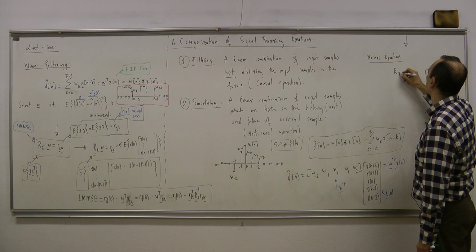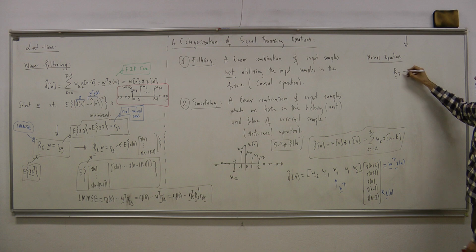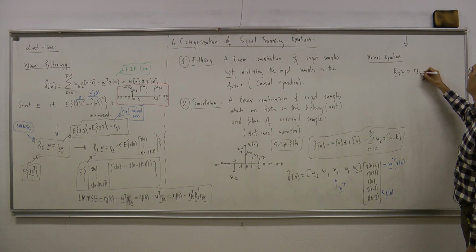So what are the normal equations? Rx times w equals r dx.